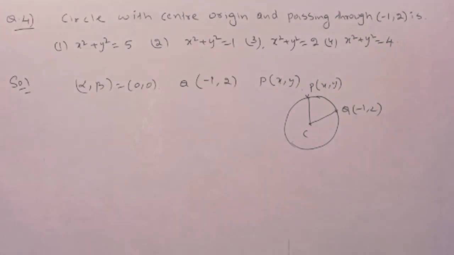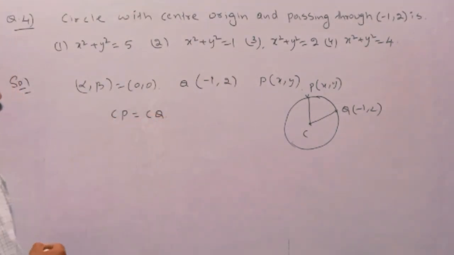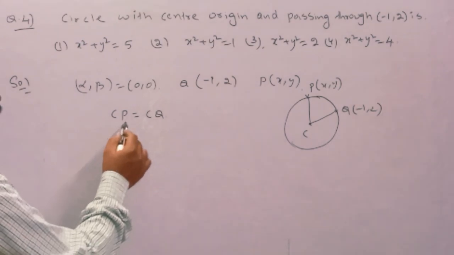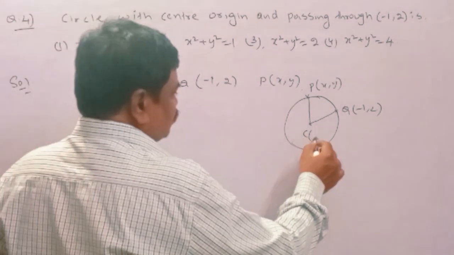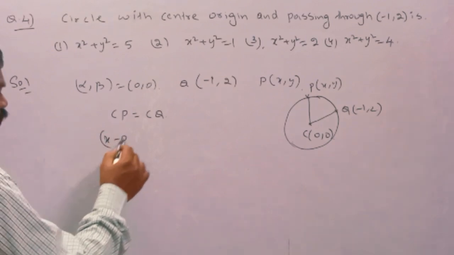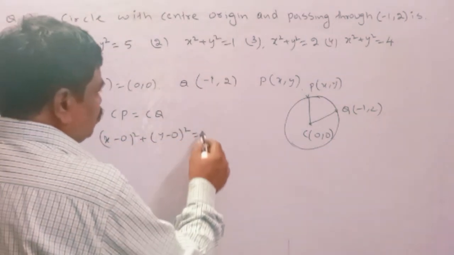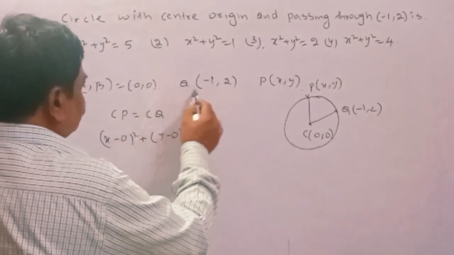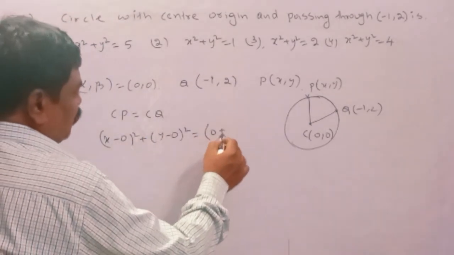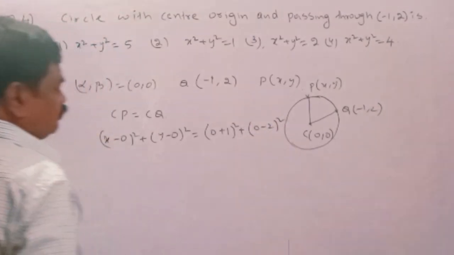Then CP is equal to CQ. Here C is the origin 0 comma 0. So x minus 0 whole square plus y minus 0 whole square is equal to 0 plus 1 whole square plus 0 minus 2 whole square.